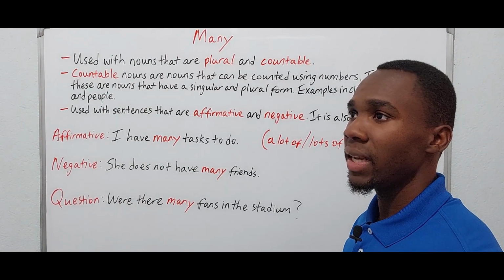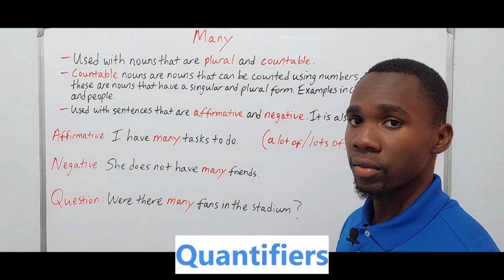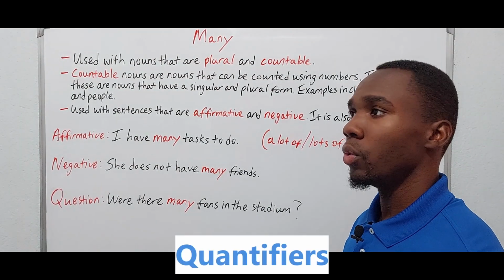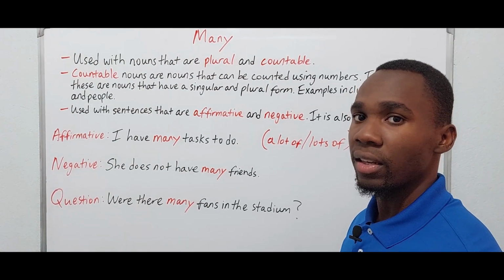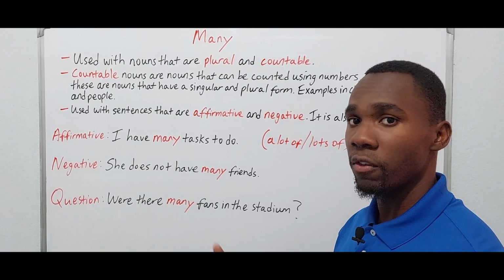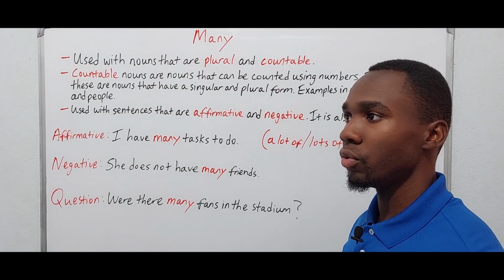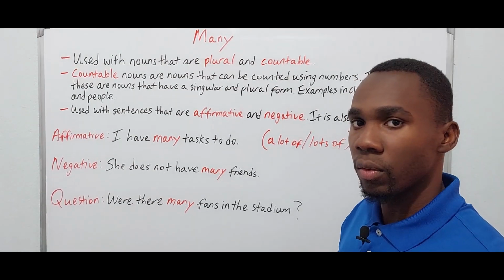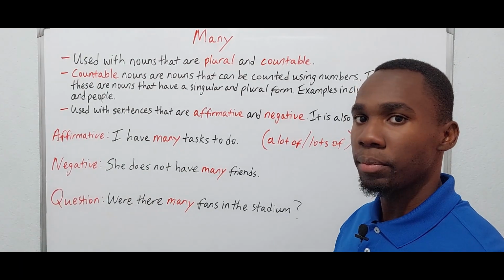But many and much are examples of quantifiers, and a quantifier would refer to a word or phrase that is used to describe the quantity or amount of a noun without being precise. So these are going to appear before the noun, right? And once again, they are not precise.